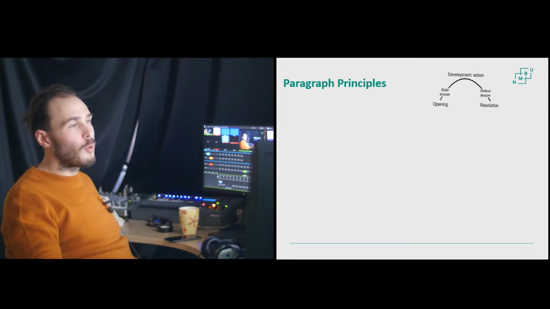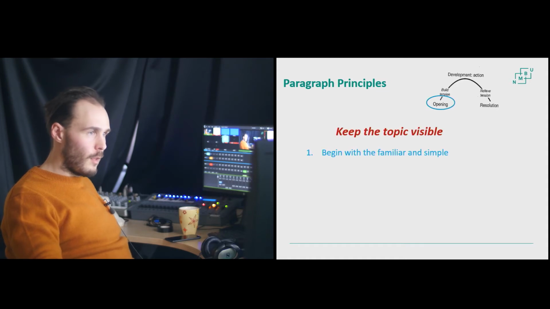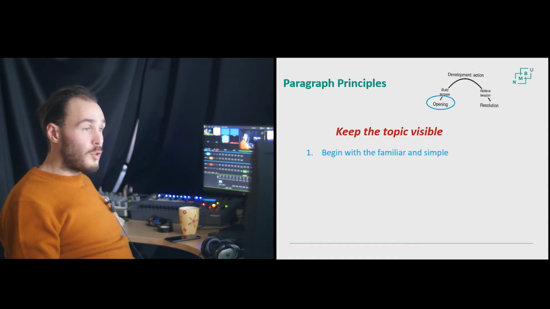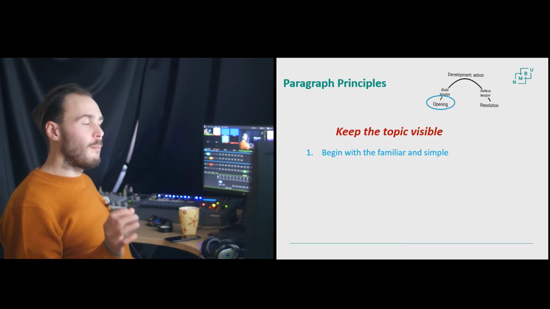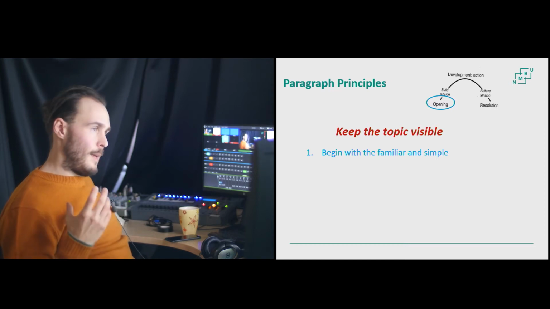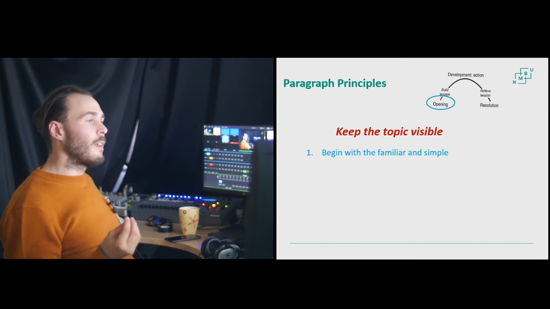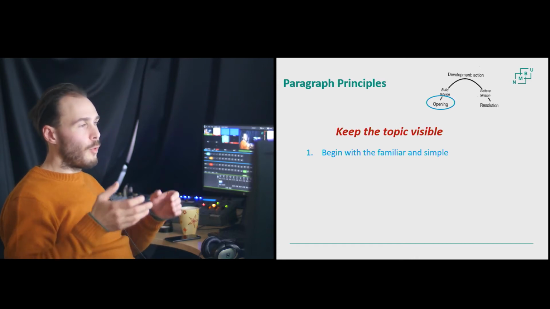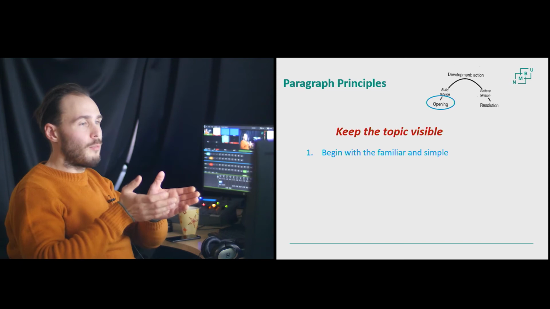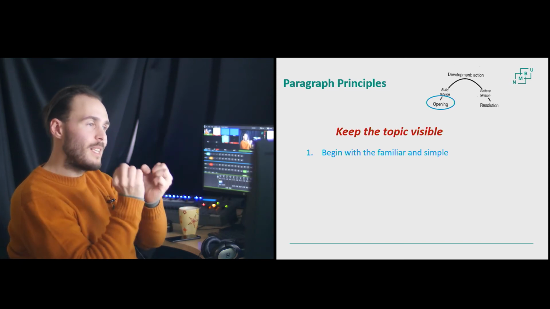But I want you to take a look at this. This is something that we could call paragraph principles. Number one, you should keep the topic visible. So you should begin with the familiar and simple. And this is exactly like the model I showed you earlier. You should start out with the general, and then you should get more specific.